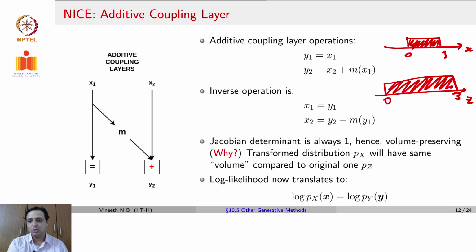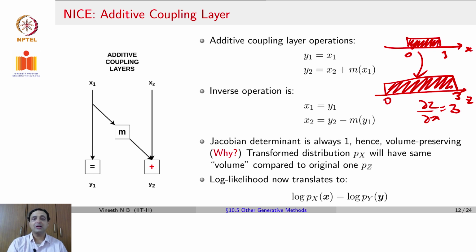So for every 1 unit that you move in x, you'll move 3 units in z. So this tells you that the volume between x and the PDF of z triples, and the determinant of the gradient dou z by dou x also gives you that answer 3, which in a sense intuitively tells you how much the volume is changing in the new PDF.